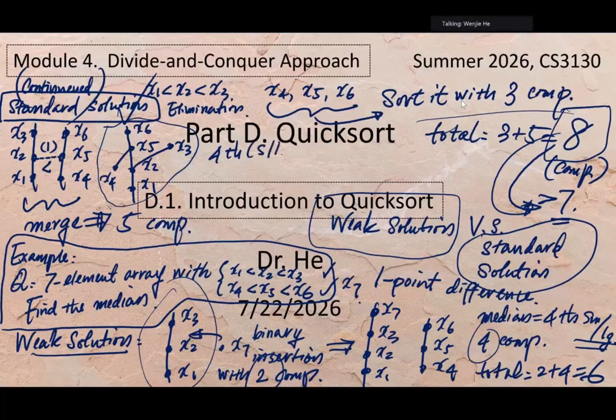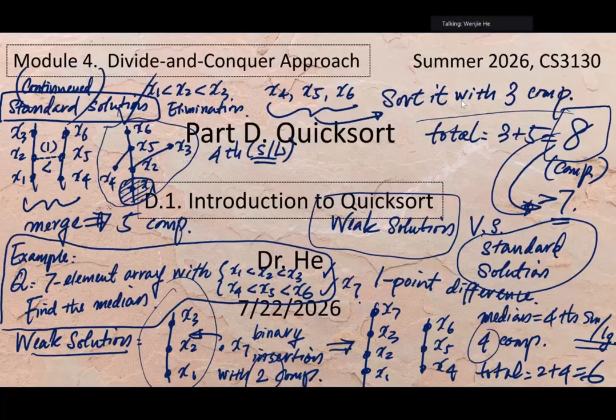Look at x1. Can we find 4 elements greater than x1? x6, x5, x2, and x3, right? So 4 elements are greater than x1, so x1 is eliminated.